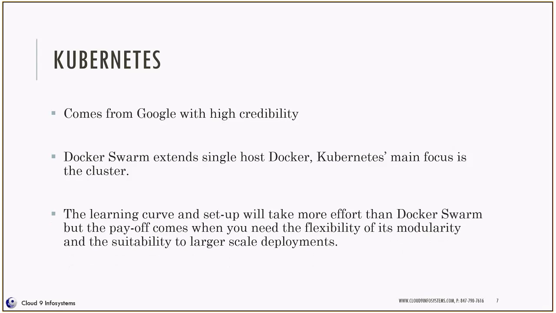No doubt, Kubernetes is geared towards mid to large scale clusters. So the learning curve and the setup are definitely more taxing than Docker Swarm, but the payoff comes when you need the flexibility and the sustainability for larger scale deployments.